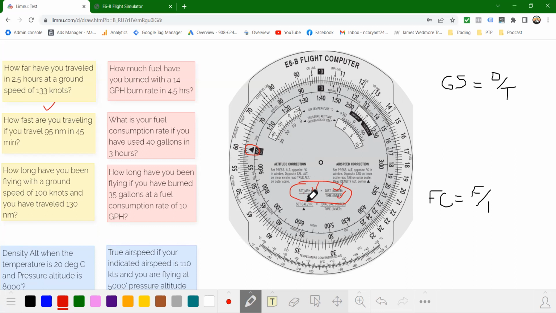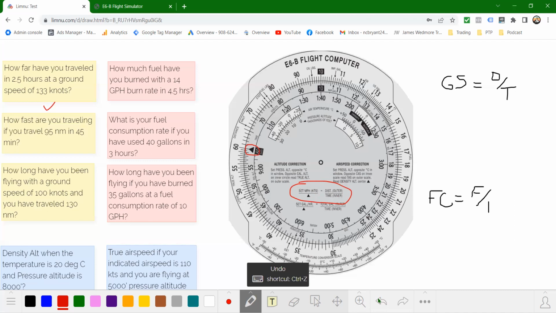The problems are always going to give you 2 of them, plus the triangle, so when you know 3 out of the 4, you can find the 4th one. You line them up and read it off. That's all it's doing.